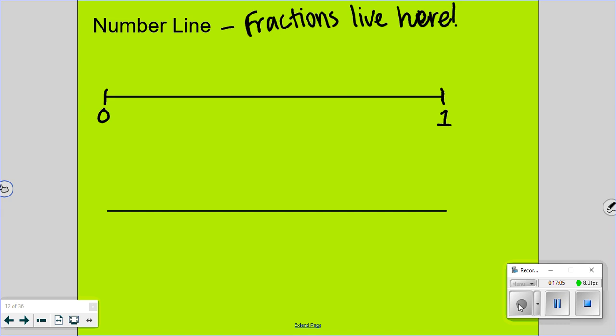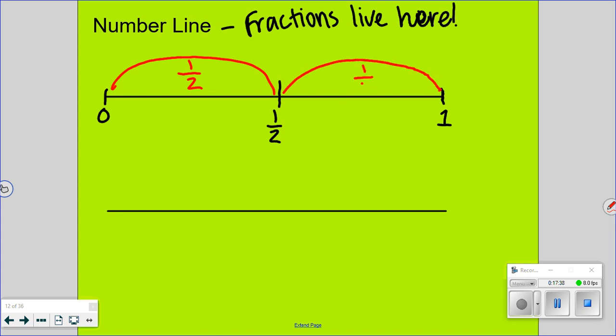I have not a whole cookie, but a piece of a cookie. So to represent a fraction like 1/2, I put it halfway in between 0 and 1. The distance from 0 to 1/2 is worth 1/2. And the distance from 1/2 to 1 is 1/2.